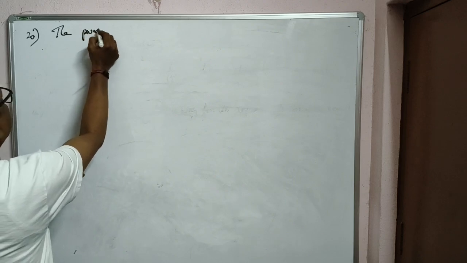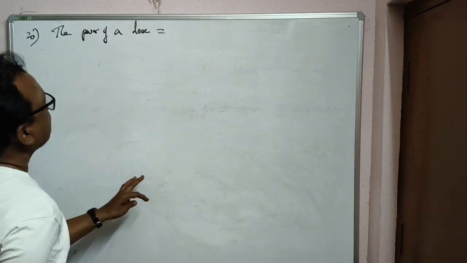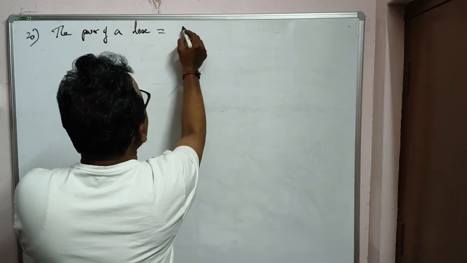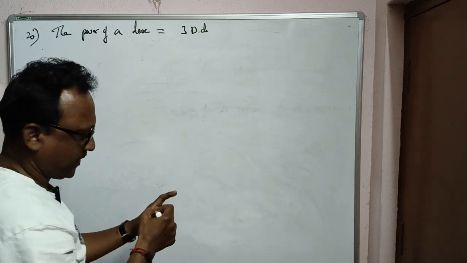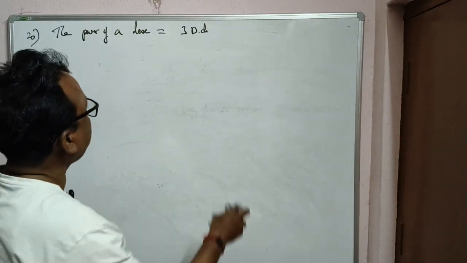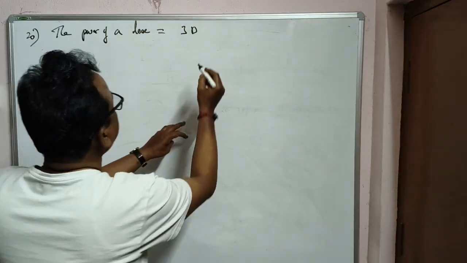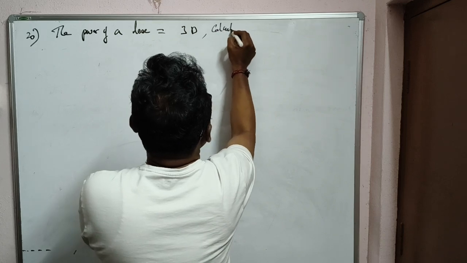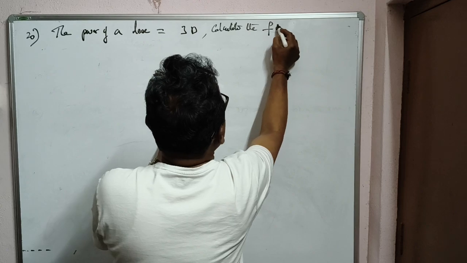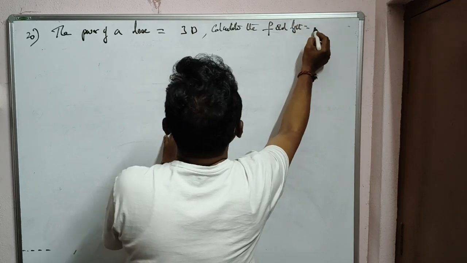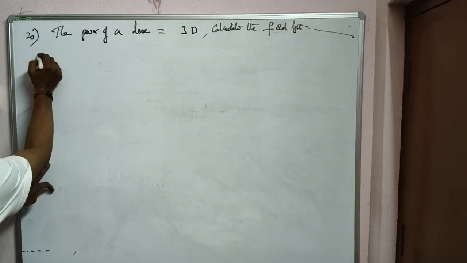The power of a lens is given as 3 diopters. Calculate the focal length.